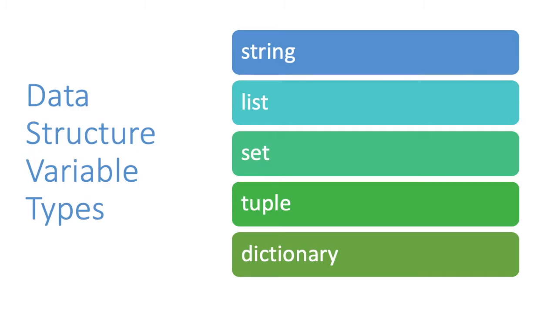The next data structure that we're going to discuss today is a list. Lists are basically a collection of different variables put together. Some key features of a list are that they are ordered and that they are mutable. They are ordered in the sense that the order in which elements are put in the list will remain the same order in which they are stored. They are mutable in the sense that elements within the list can be changed.